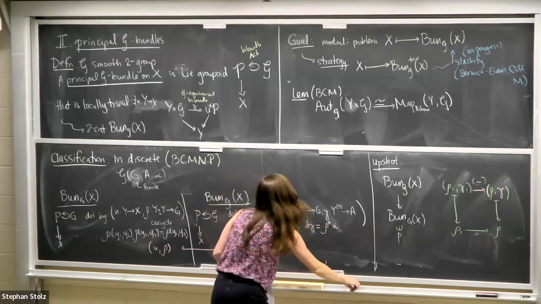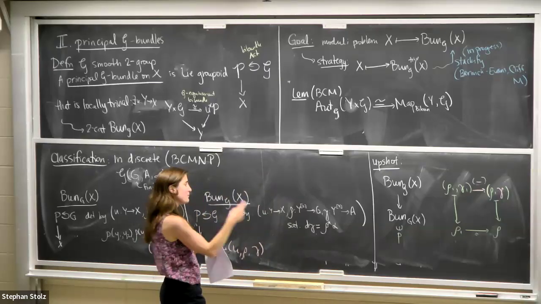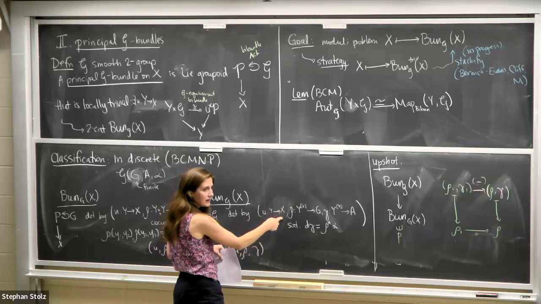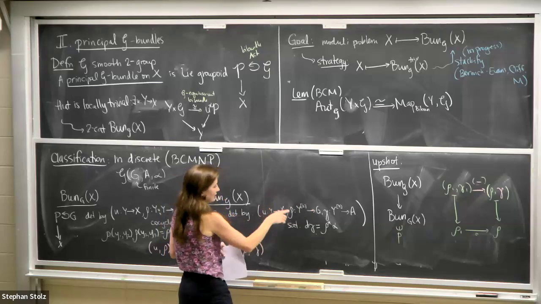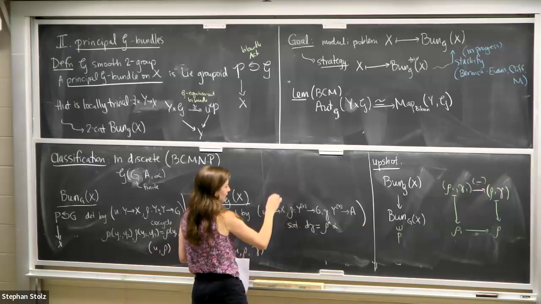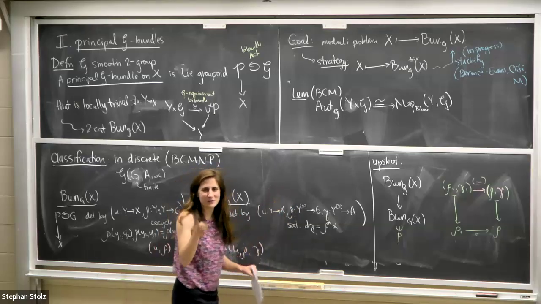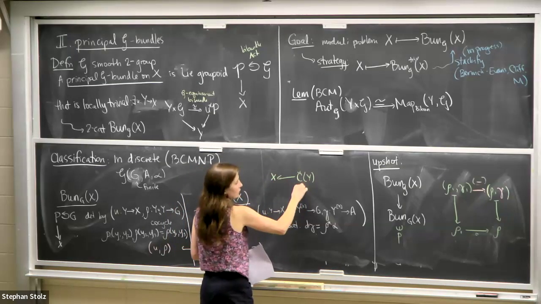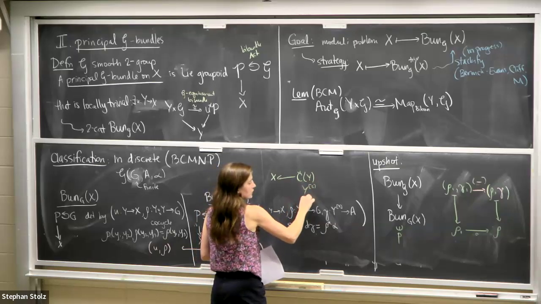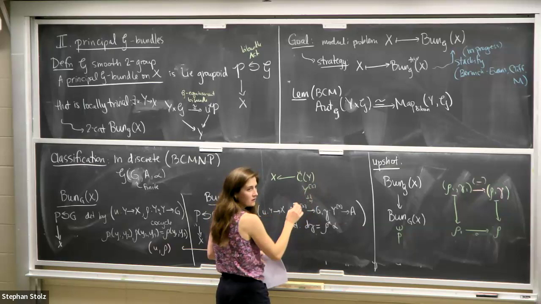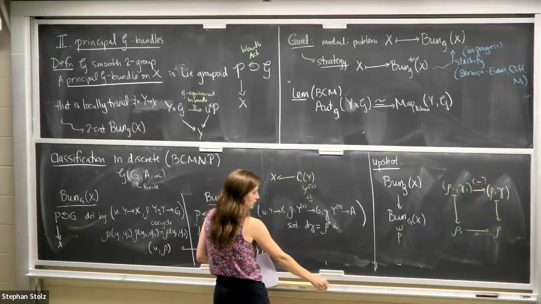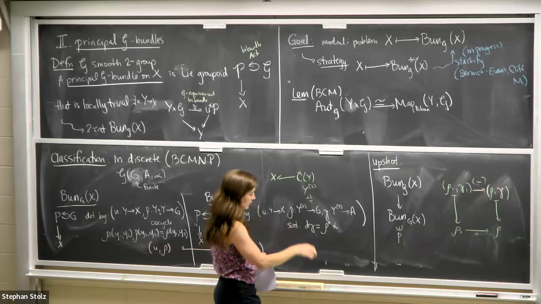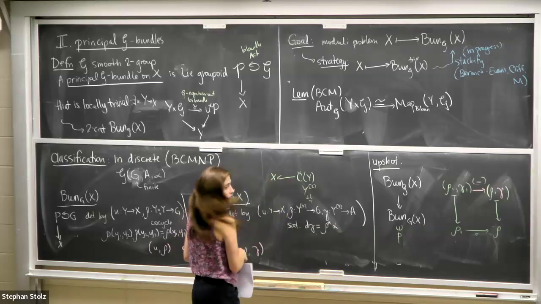You could generalize this maybe for a Lie group point X instead of just a manifold X. I think I was having a hard time parsing this equation, what those two objects are. They're both maps from Y4 to A, is that right? Yeah, right. Okay.